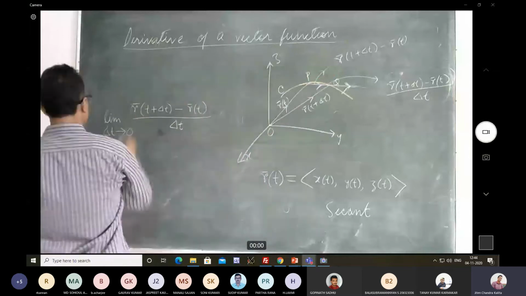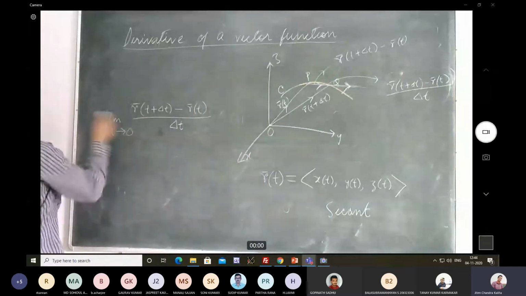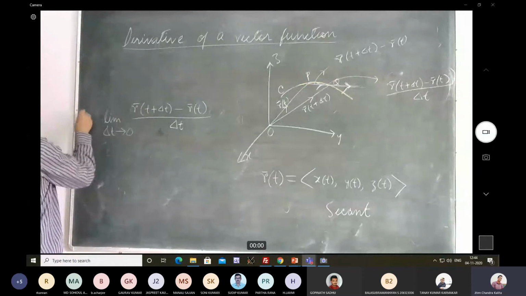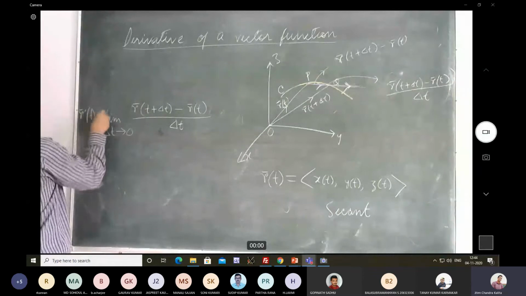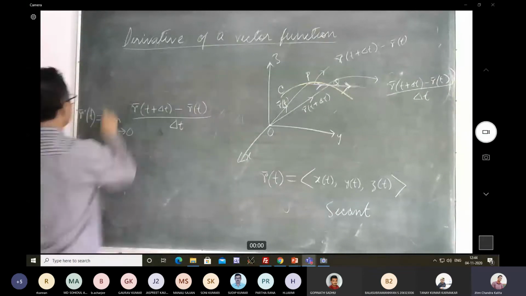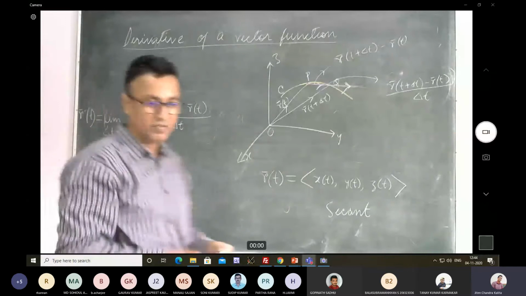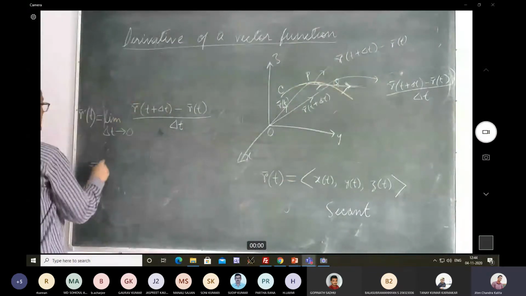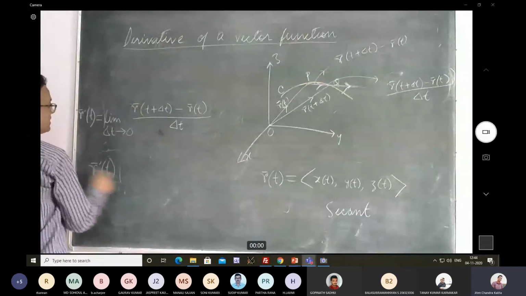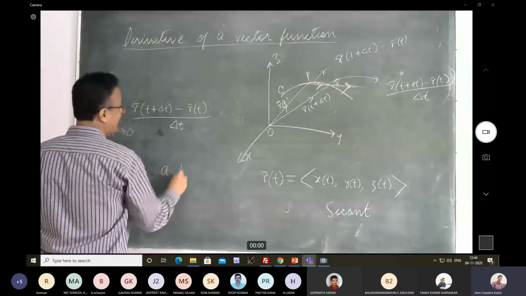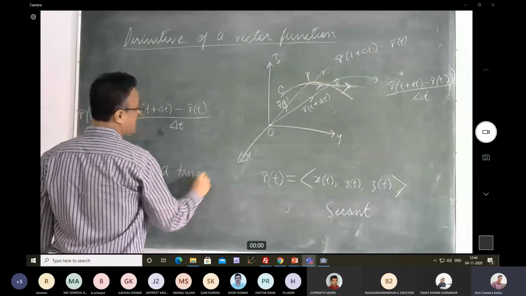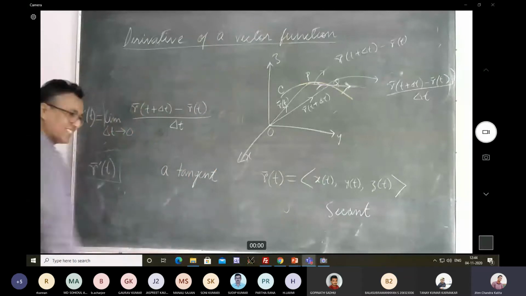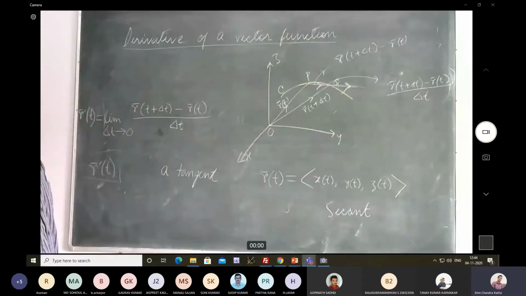So that derivative of r with respect to t is denoted by r prime(t), and this is nothing but the definition. Then r prime(t) is a tangent. Remember, not the tangent, but a tangent to the curve at the point P.